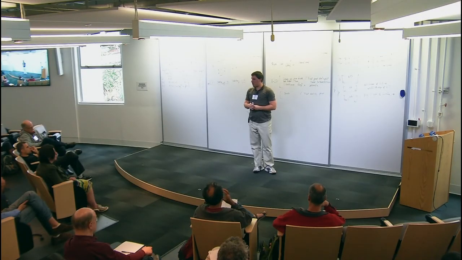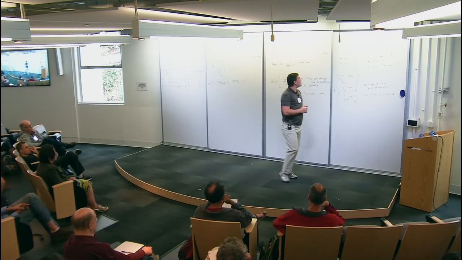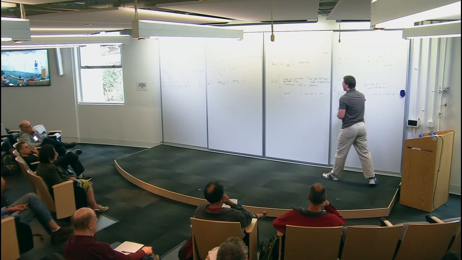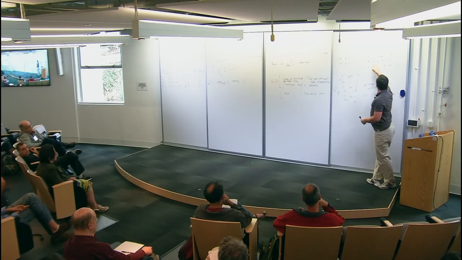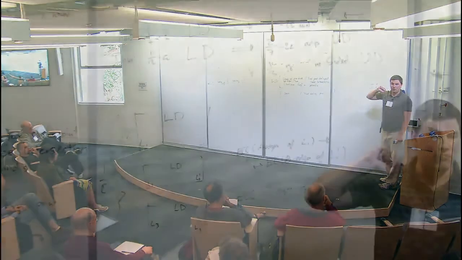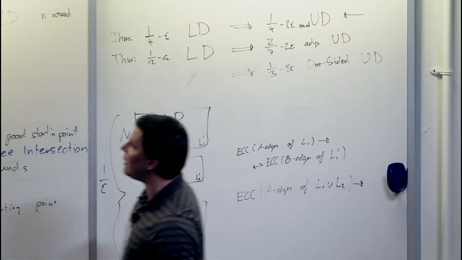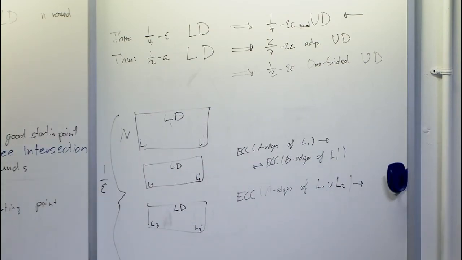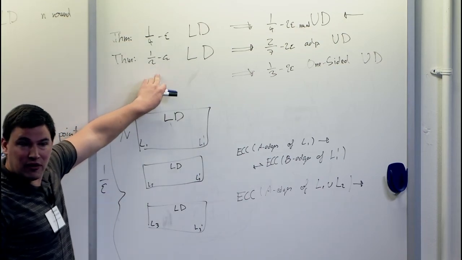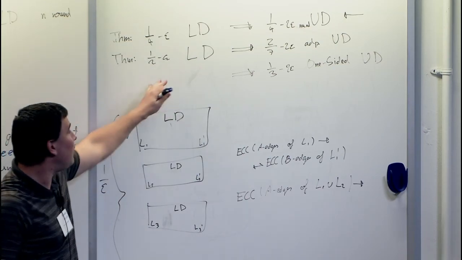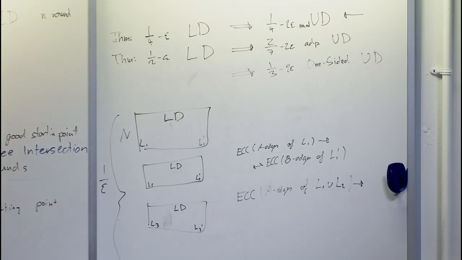So Klim is going to talk about that on Thursday. One interesting thing to note is that if we want to get, for example, 2/7, we need Klim's result, right? What we're going to do, we take Klim's result, we boost it in efficiency, and then we run this reduction, where we need a really good list decoder. Interestingly, for the 1/4 result, you already know how to do it. Why?